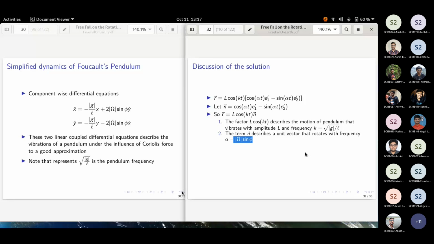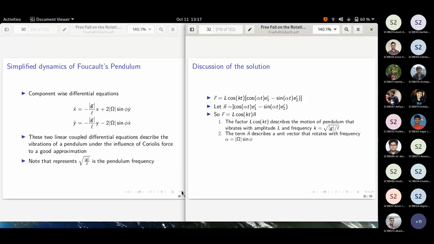That means as time changes, you can see that this quantity is also changing. So even though this is a very small quantity, the changes of the vector n happen with respect to this one. After how long you will notice that it has moved?